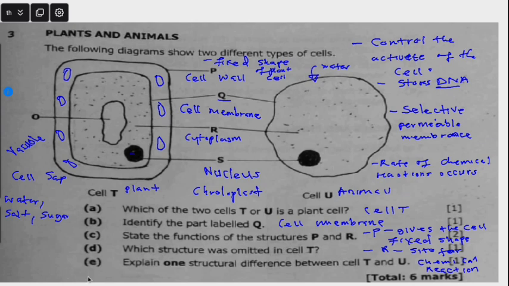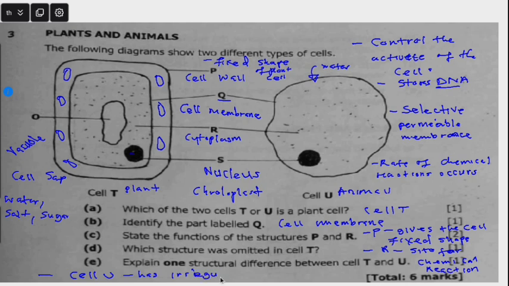Apart from that one, you can talk of the shapes. For the animal cell, since they are saying cells, we are going to say cell U has an irregular shape. When you say irregular shape, this means that it doesn't have a fixed shape.